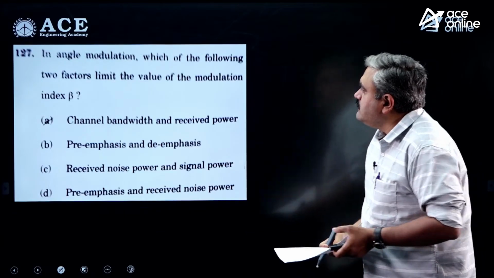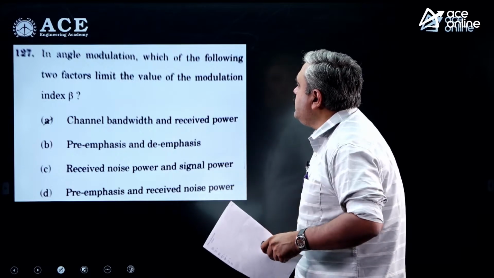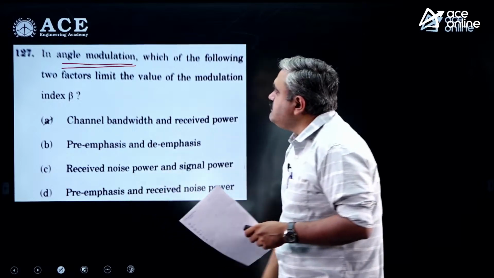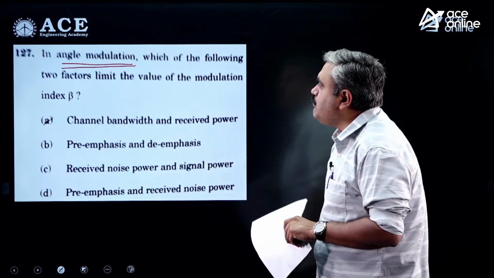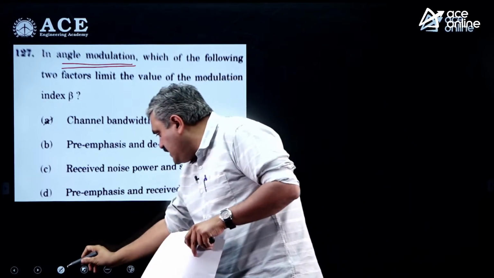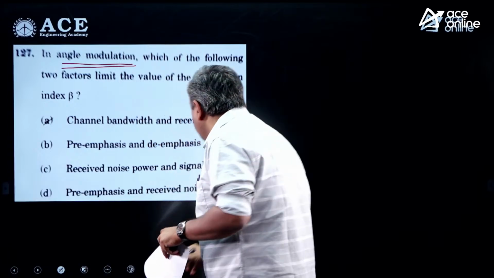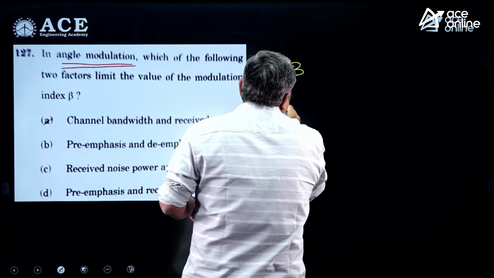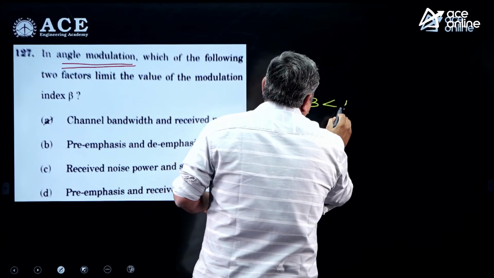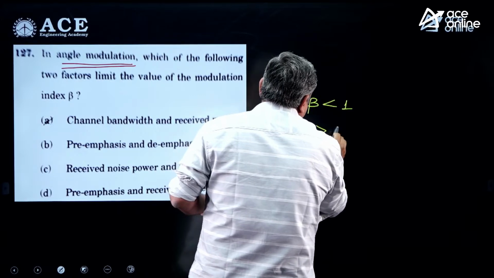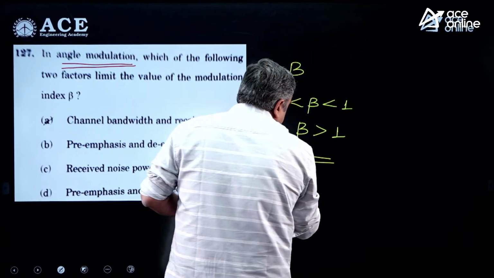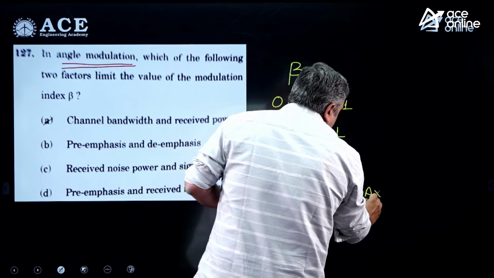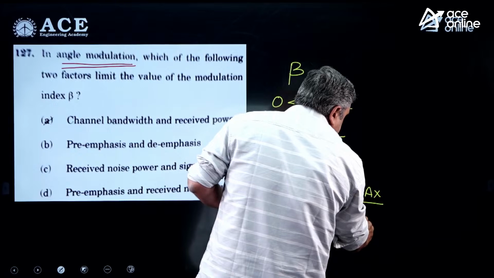Next, this is based on angle modulation. In angle modulation, means it can be FM or PM, which of the following 2 factors limit the value of modulation index beta? So what is the value of modulation index beta? If you are considering a value of beta, this can be a value between 0 and 1 or it can be a value greater than 1. So your beta is basically depending on maximum value of frequency deviation and maximum frequency of your message signal.